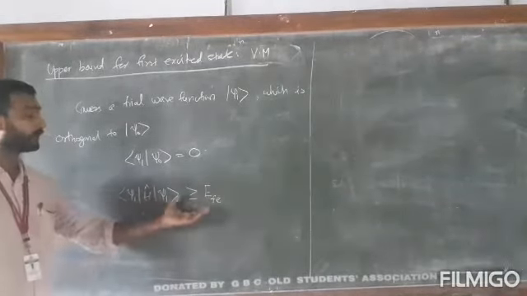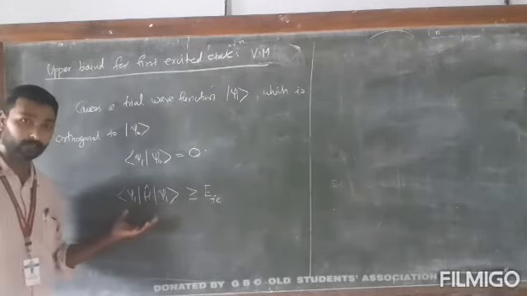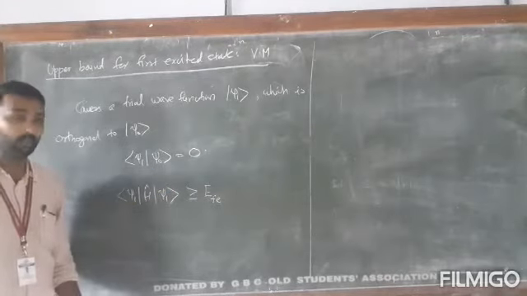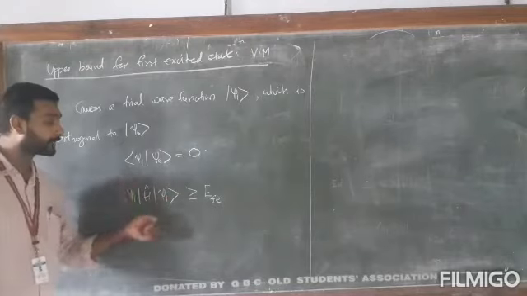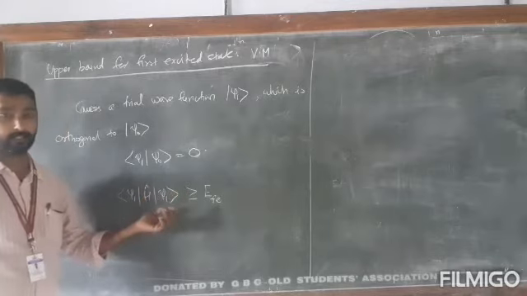You can prove this. I am leaving it to you to prove this statement if this condition is valid. Now I can minimize this expectation value. If you minimize it, we will get the upper bound for the first excited state.